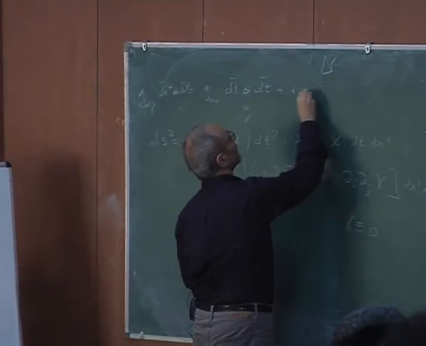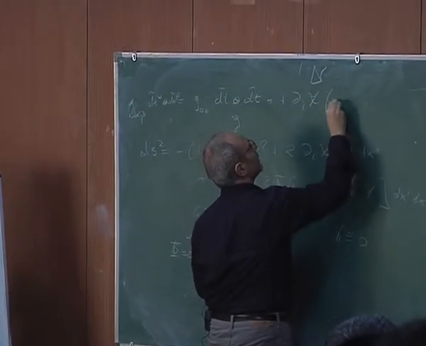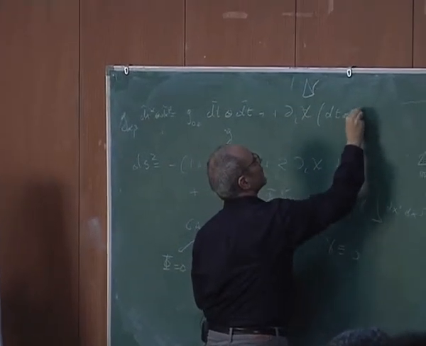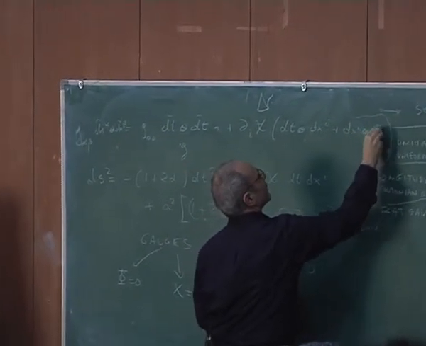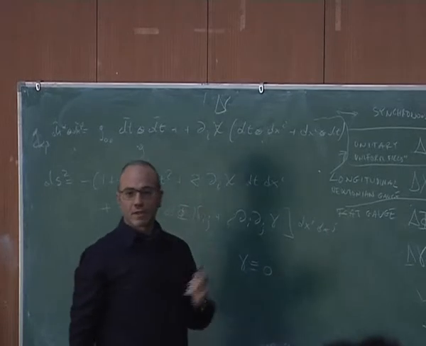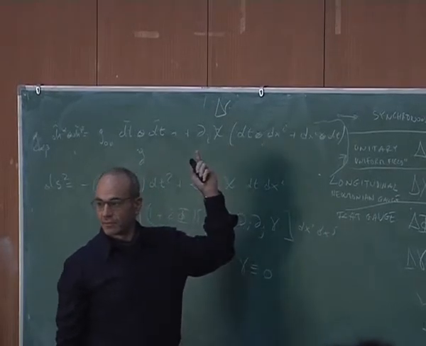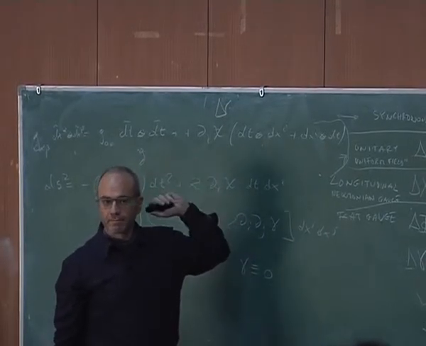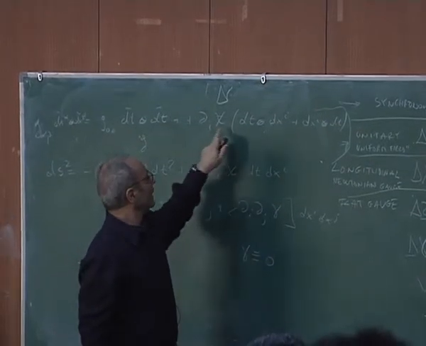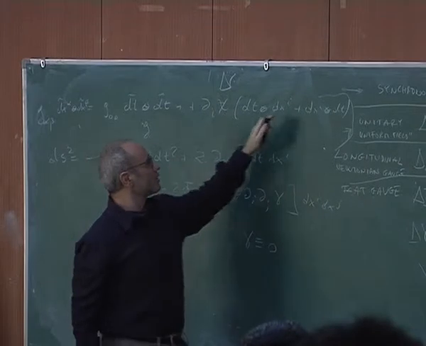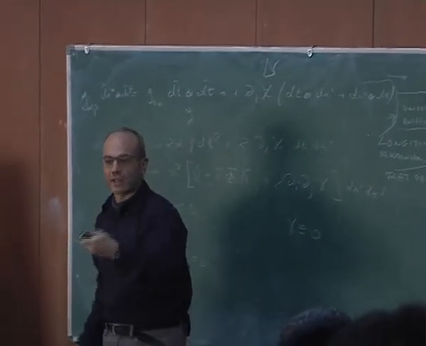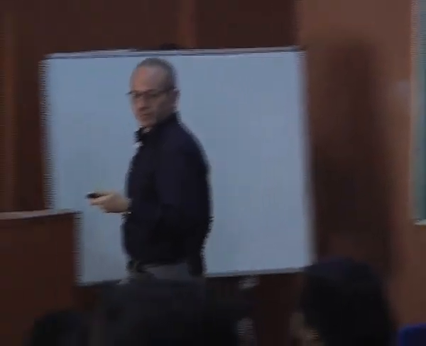And then I wrote di chi dt dxi plus dxi dt, so this makes it symmetric. And because chi is only a function of x, we don't see dt dy and dt dz.